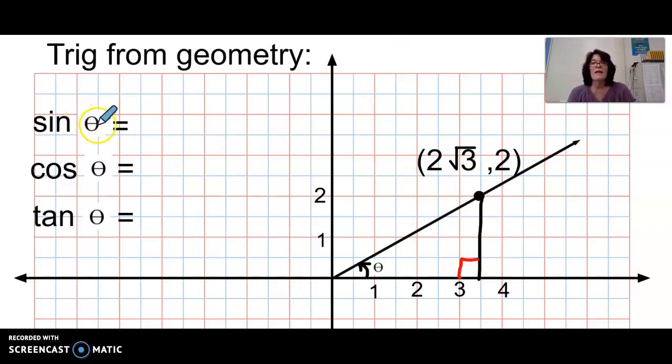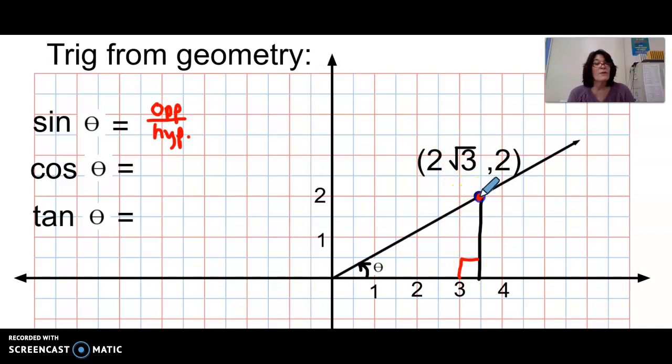Sine of theta is the ratio of which two sides? Remember? Sine of theta is opposite over hypotenuse. So I just need to know the opposite side length and the hypotenuse.